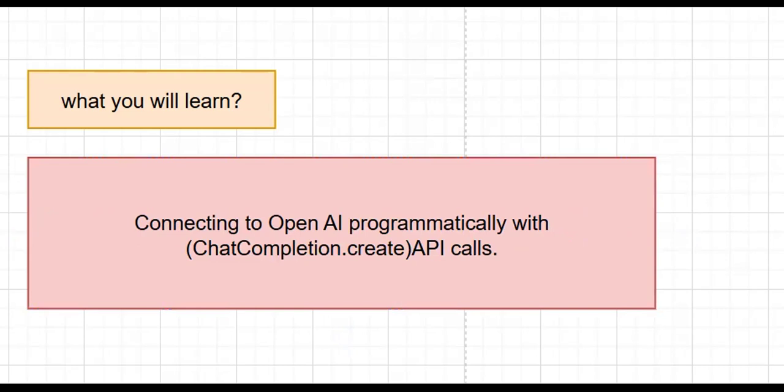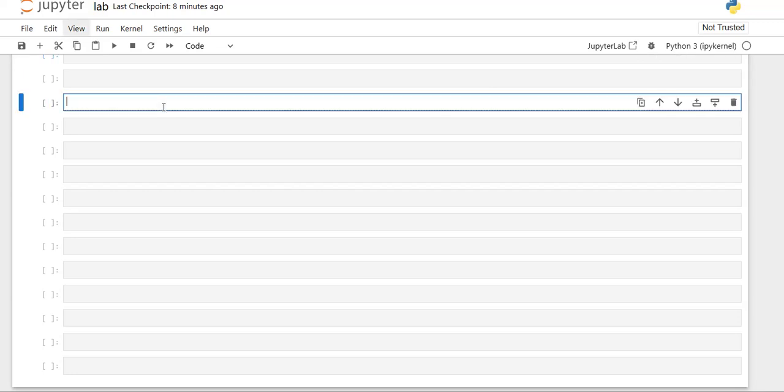In this video, you will learn how to connect to OpenAI by providing valid credentials. If you are connecting to OpenAI, then you need to provide your valid credentials. To connect to OpenAI programmatically, I have already created an API key.